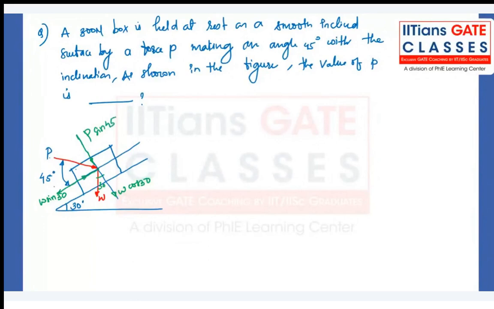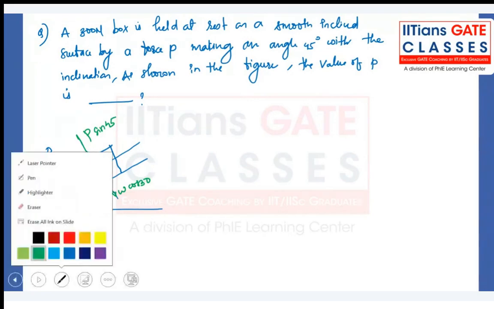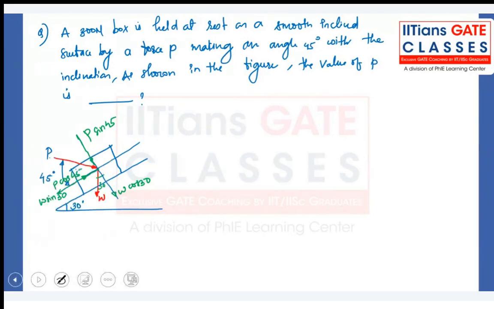And what we are saying here is the box is held at rest, which means it is in equilibrium. So the summation of all horizontal forces and the summation of all vertical forces has to be 0.